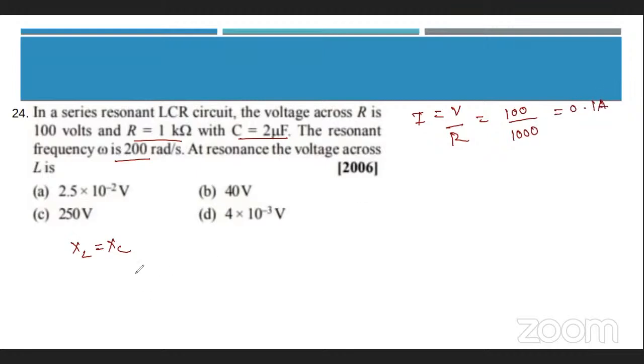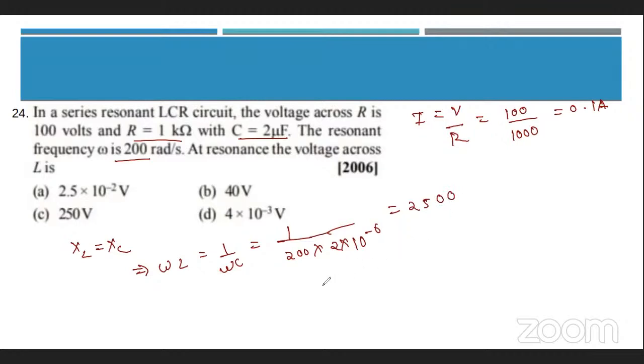Also in the resonating situation, XL is equal to XC, so omega L is equal to 1 by omega C. Omega is 200 and C is 2 into 10 raised to minus 6. I have all the values, so we can substitute them here.